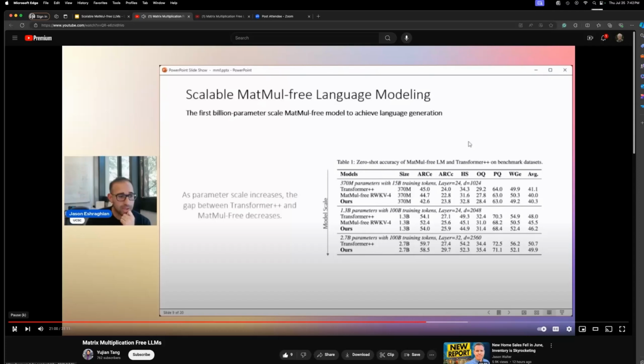We list out the number of training tokens, the number of blocks, and the embedding dimensions. And as the parameter scale increases, as I mentioned before from the scaling law, we're now quantitatively seeing the gap between Transformer++ and MatMul-Free also decreasing.